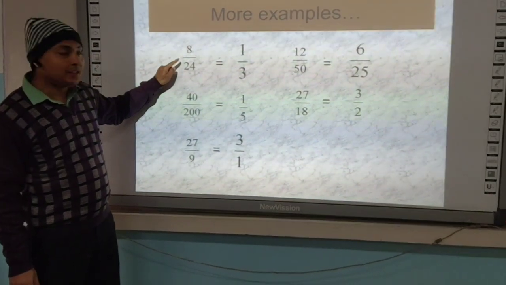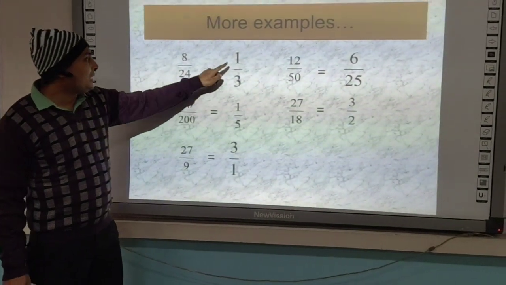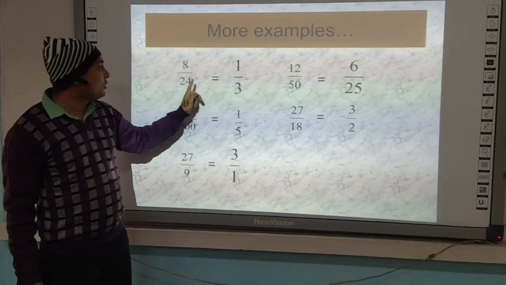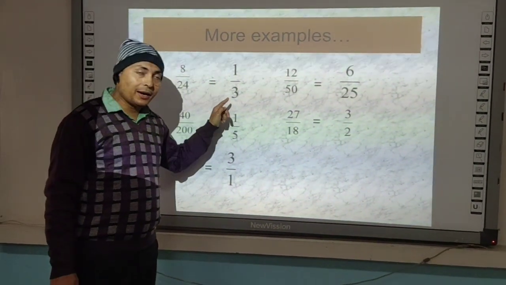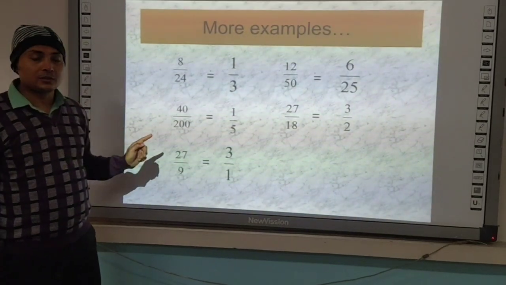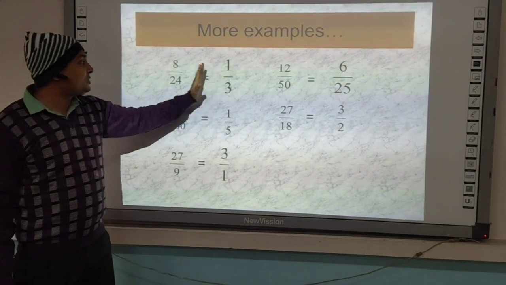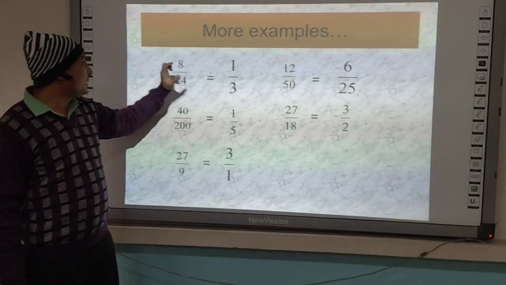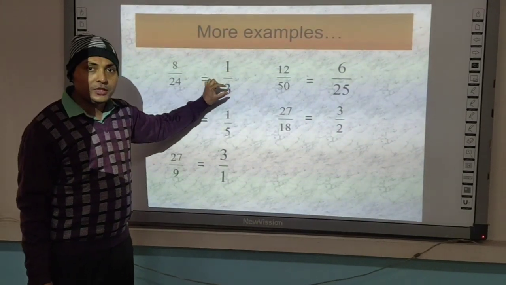So we are dividing it by 8: 8 ones are 8 and 8 threes are 24. So this 8 by 24 is equal to 1 by 3. Similarly, there are some more examples. We can say these two ratios are equal. 8 is to 24 can be written 1 is to 3.